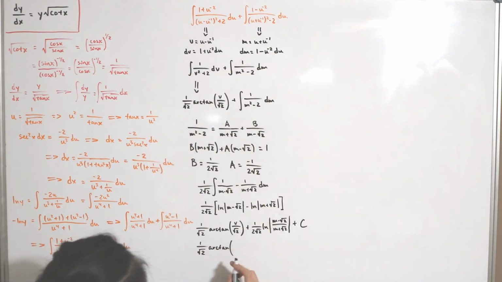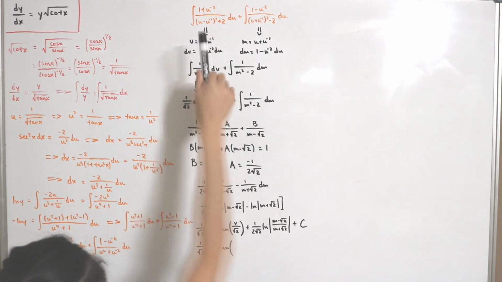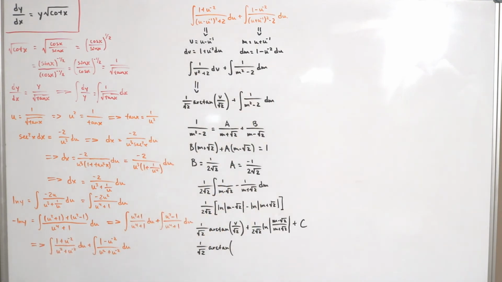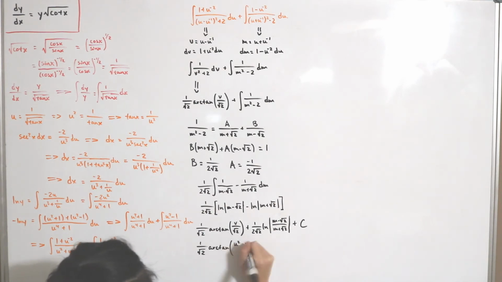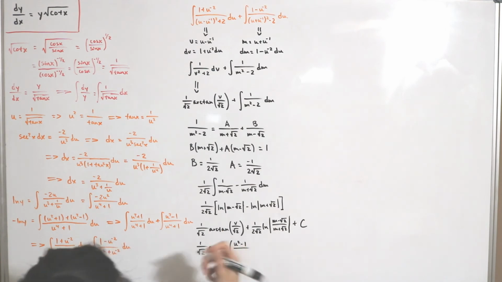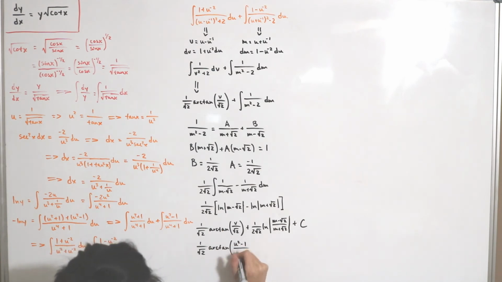So if I multiply u here for our v and m, I'll get the following. For v, this means we have u squared minus 1, and then also multiply a u to the denominator as well. So this is -2 multiplied by u.